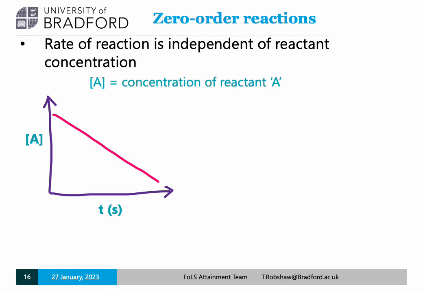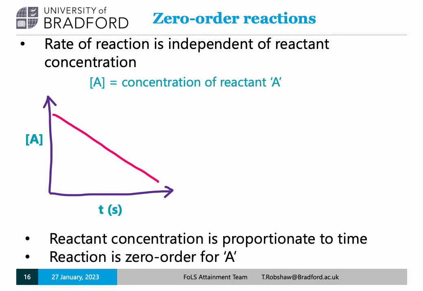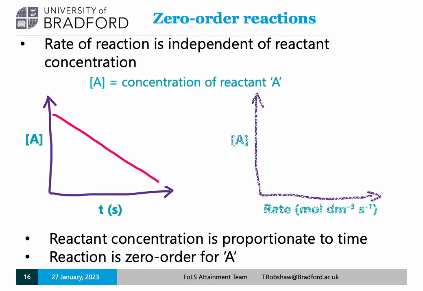So concentration is proportionate to time, directly proportionate to time. So if we were to instead plot concentration versus rate for this reactant, all we would basically see is this. And in these circumstances, we say that the reaction is zero order for that reactant, for reactant A.